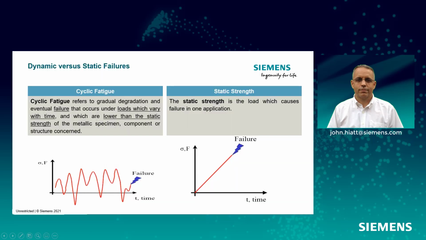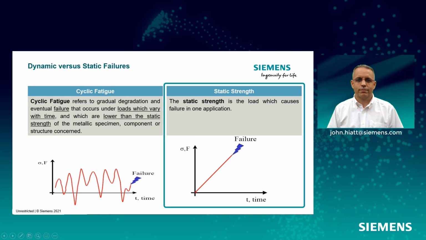So let's get into some terms. We just touched on it: static strength. I'm going to just start loading it, increasing it, pulling it until it comes apart. So it's going to fail in one application of the load.